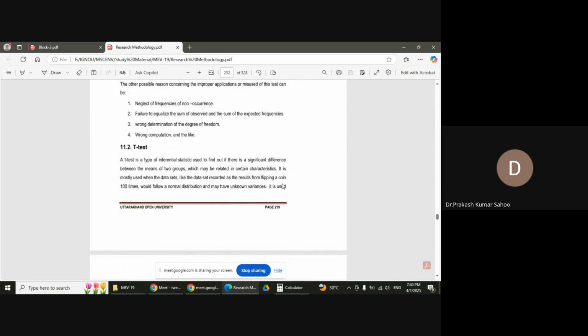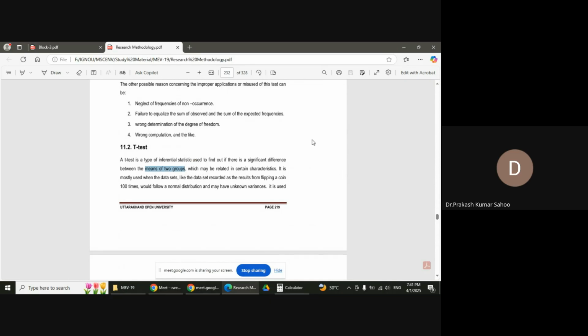Then the t-test. A t-test is a type of inferential statistics used to find out if there is a significant difference between the means of two groups.